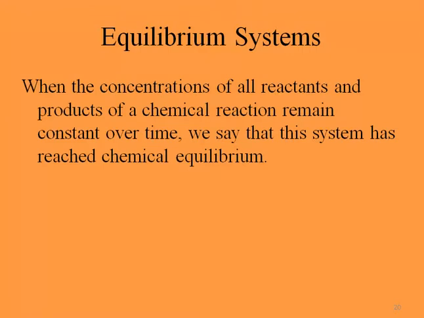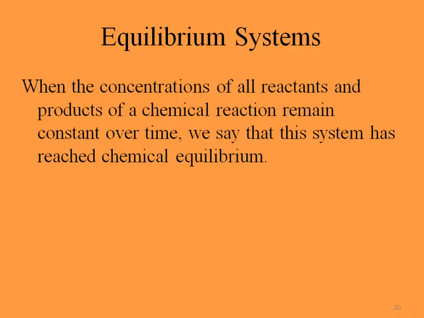And we can say when the concentrations of all reactants and products of a chemical reaction remain constant over time, this system has reached chemical equilibrium. So whenever we are talking about chemical equilibrium, it means that we have constant concentrations for all reactants and products.